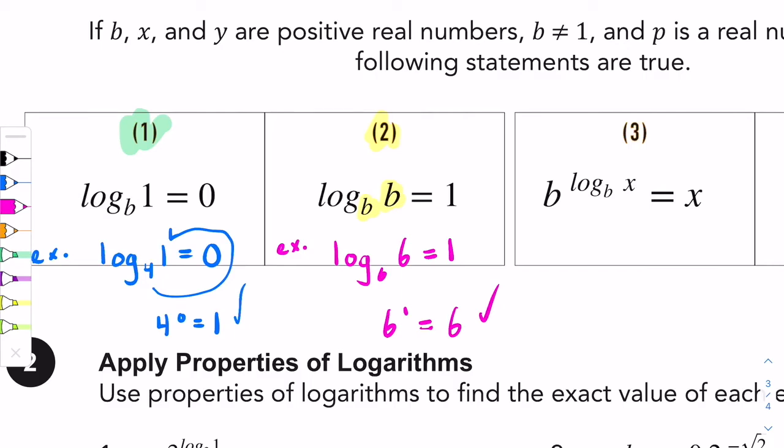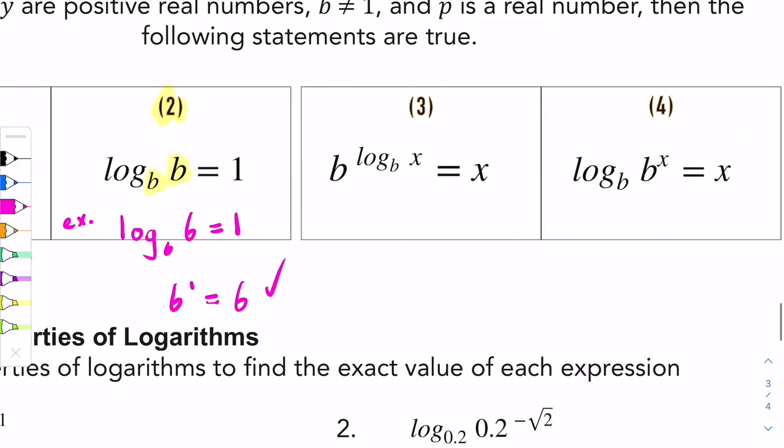If you were to try to solve them, hopefully you could figure out the answer. For the third property, this is an exponential form. If you have an exponential base of b raised to the power of log base b of x, so your exponential base is the same as your log base, then your answer is just going to be x, whatever that value is.